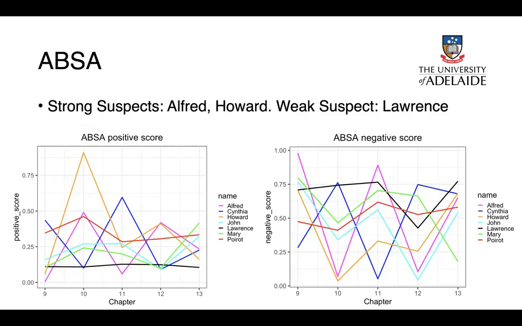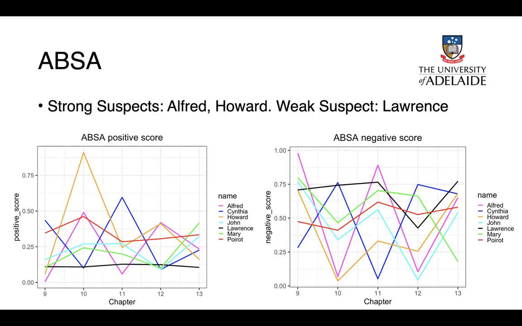And this is the positive and negative scores generated by ABSA. We can say that the positive scores of Alfred and Howard decrease considerably, while their negative scores rise from chapter 12 to chapter 13.